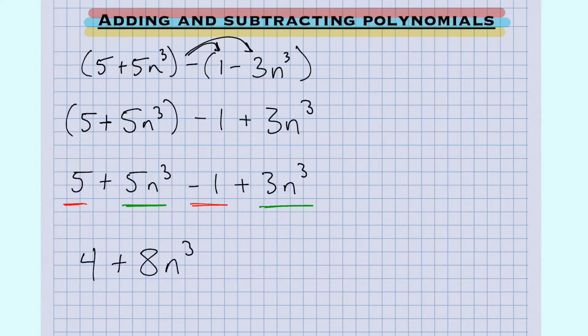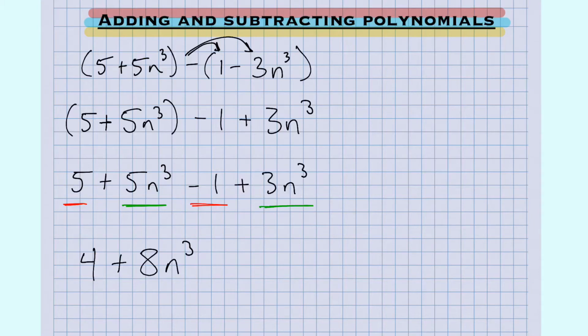Okay, to do this matching of terms, what's important is that these variables are the same and that the power is also the same. Okay, n cubed, we have 3n cubed. Here we have 5n cubed. That's like saying 5 apples plus 3 apples, but the apple is an n cubed.